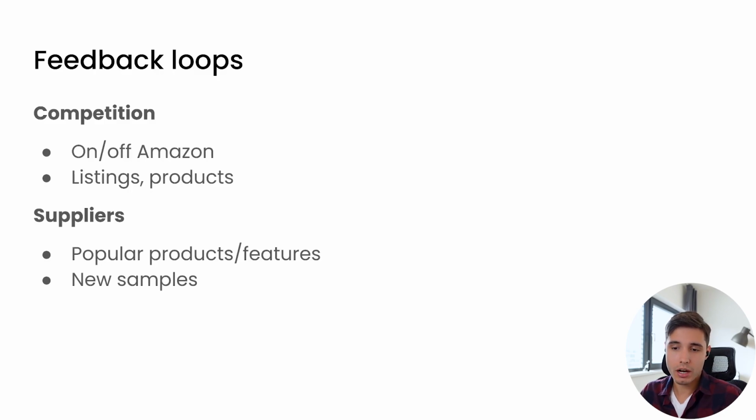And then, of course, our suppliers. We always ask our suppliers and also other suppliers, what are the popular products? What are the popular features? What are the popular packaging styles, right? Because your supplier has a lot of information, right? And you can also contact other suppliers that you are not working with. So we had a list of like 10 suppliers in our niche, and we were still chatting with them, trying to understand what is popular and so on.